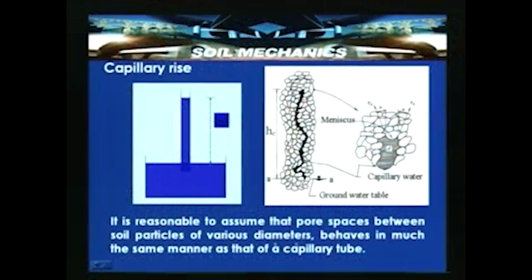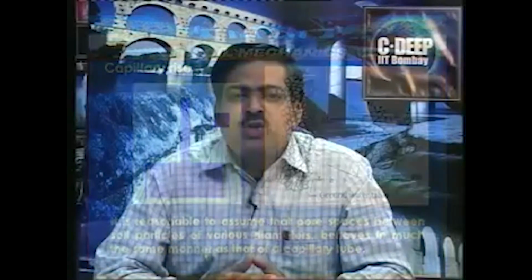It is reasonable to assume that pore spaces between soil particles of various diameters behave in much the same manner as capillary tubes, very close to the analogous behavior of a capillary tube immersed in a vessel of water, where the water surface in the vessel represents the free surface, the groundwater table.